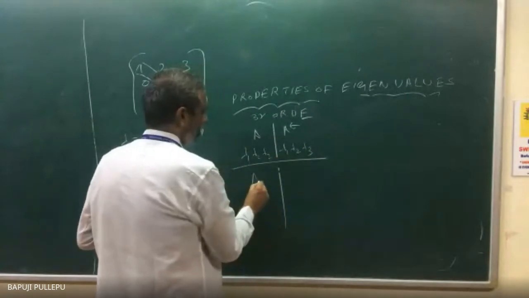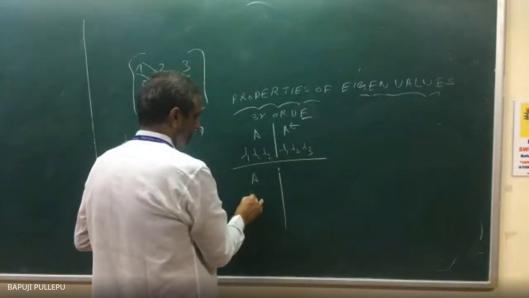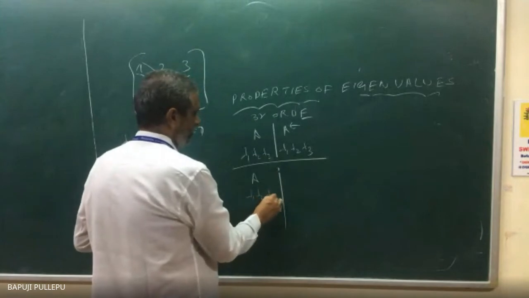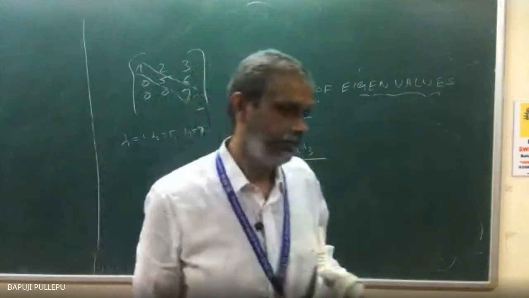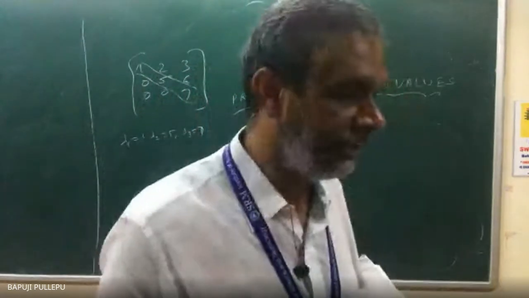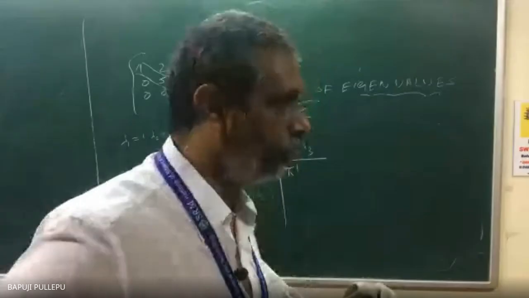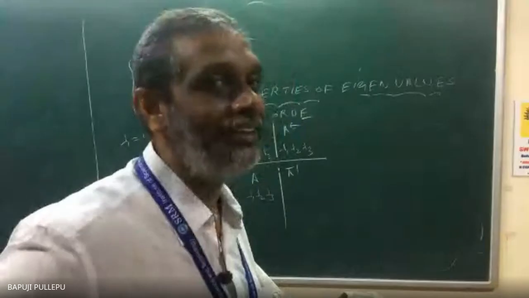Suppose the eigenvalues of A are lambda 1, lambda 2, lambda 3. What will you get for A inverse? Tell me. You don't know, no problem, just guess. Minus lambda 1? No. 1 by lambda 1, 1 by lambda 2, 1 by lambda 3.